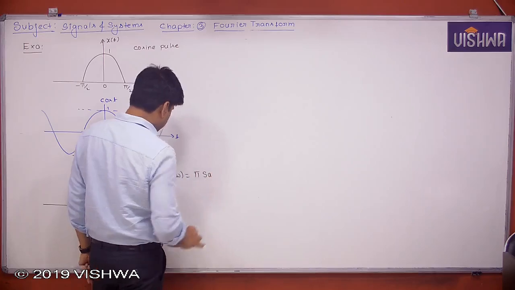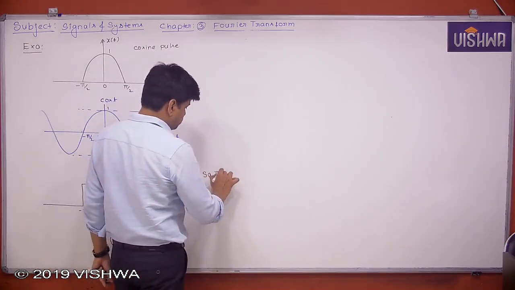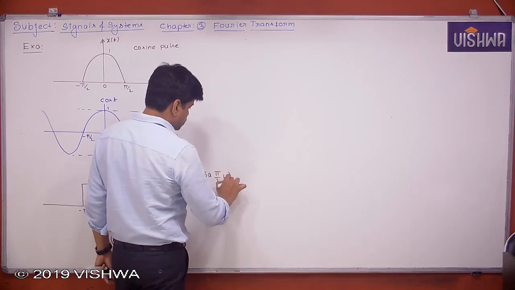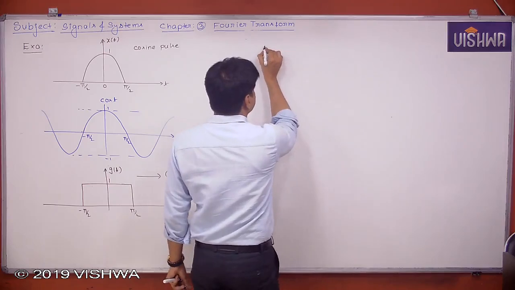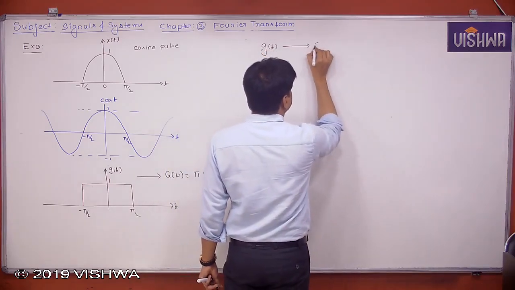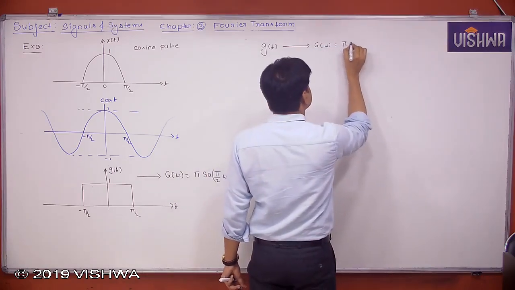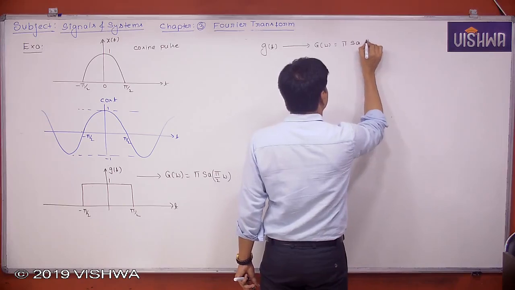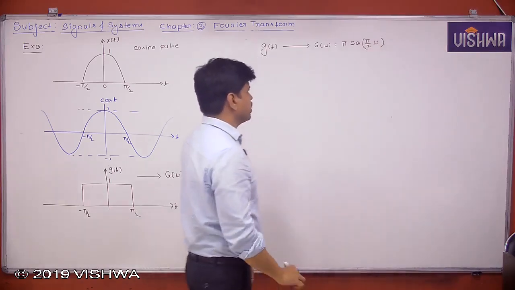Sampling of width by 2, that is pi by 2 omega. So for g of t, g of omega is pi times sampling of pi by 2 omega. This is the g of omega we got.